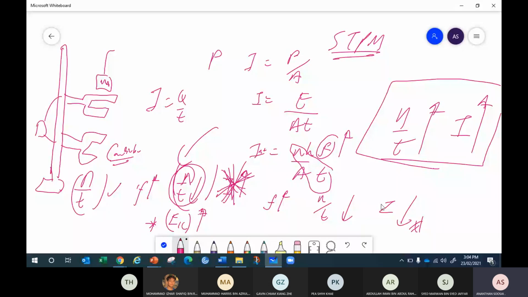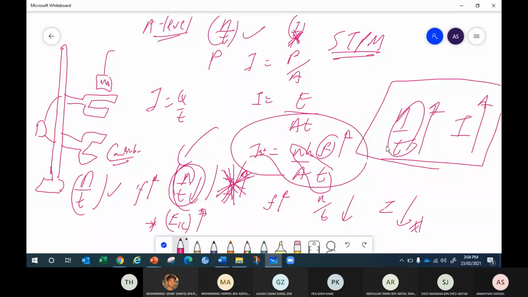Let me look into this. Maybe in the next class I'll try to explain it to you. But for the sake of A levels, they will ask about the particles, how many particles released per second. The current, so far they never asked. But other boards explain current in terms of N over T. They say the greater the frequency, the smaller the N over T, the smaller the current.